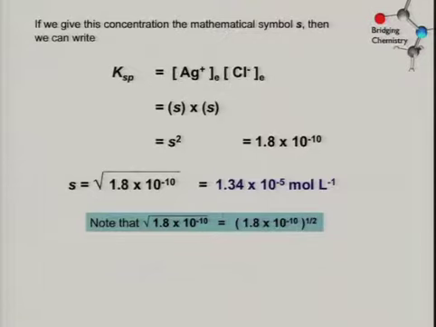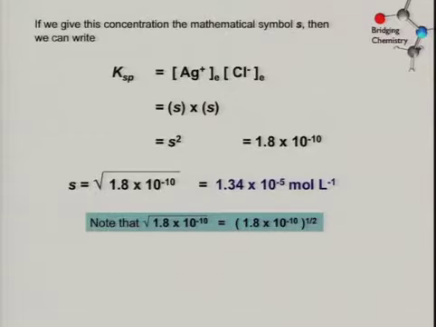There's no units for the K, but there are units for S. So we magically make them disappear when we work out the equilibrium constant, and they magically reappear when we use that to work out solubilities. Again, you just have to accept that. But the S represents a concentration, and concentration has units of moles per litre.